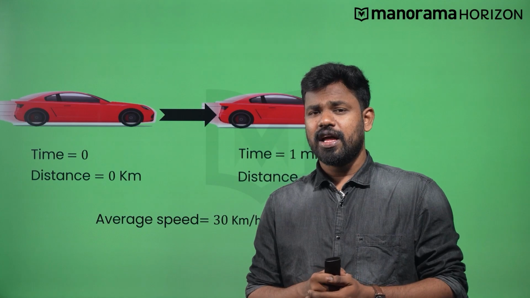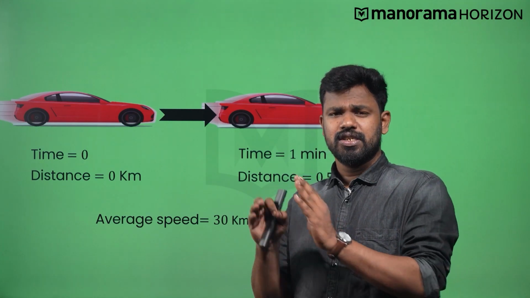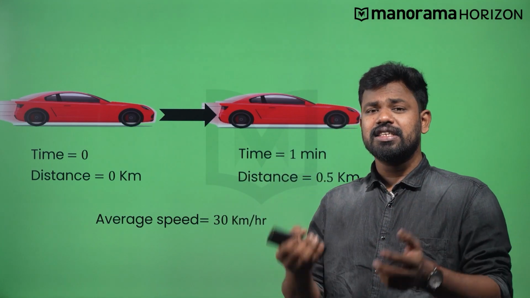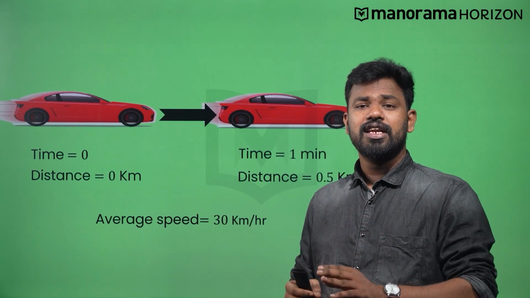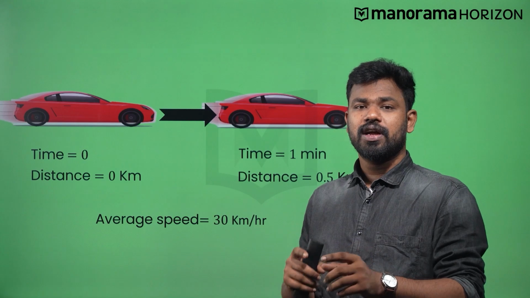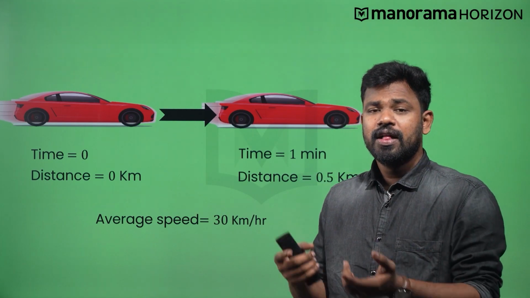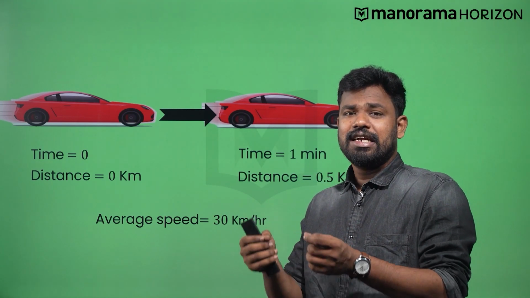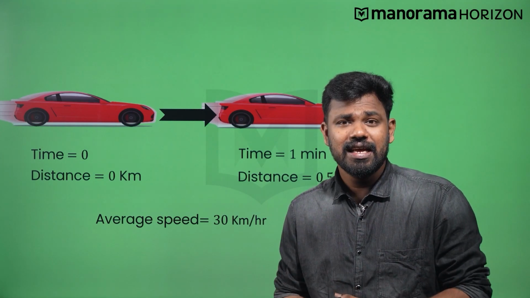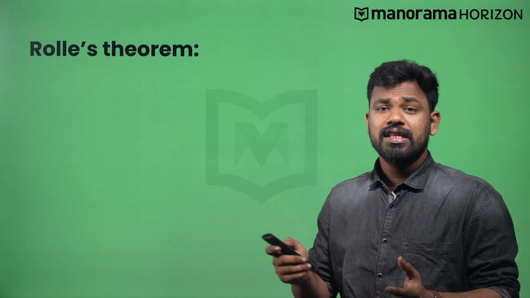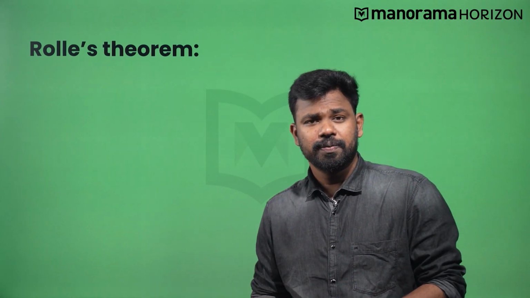From this we observe that throughout our travel the speed is not constant and it is differentiable. We can notice that within this time of travel, from 0 to 1 minute, the speed of the car would be at this average speed of 30 km per hour at least once or twice while accelerating and decelerating. Now let us see this concept as Rolle's theorem.